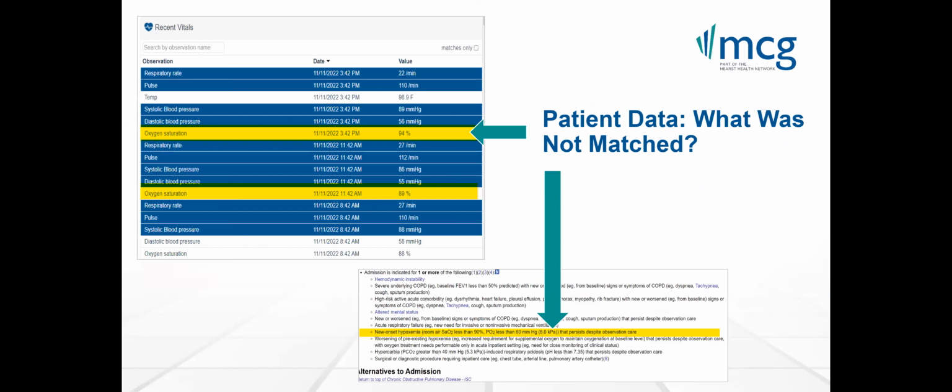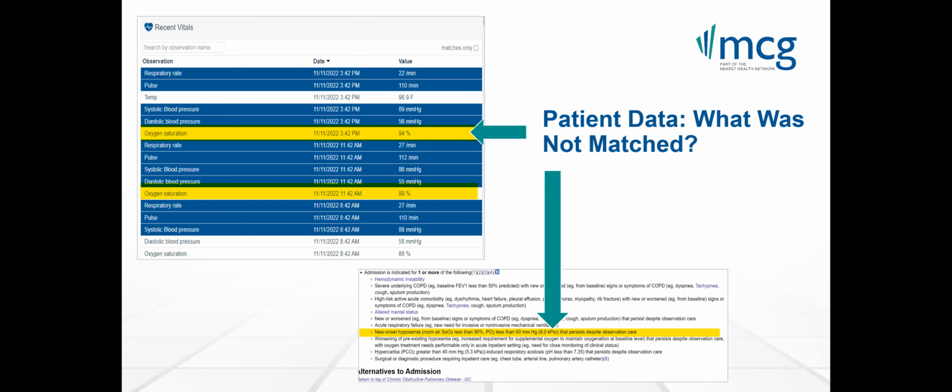What I want to call out, though, is what's more important than the data we identified. It's the data that we didn't match on. So in this screenshot, we see the patient had some O2 sats that were concerning. They're rather low, but the clinical criteria itself is very specific in the context of this chronic condition. We're not just looking for low O2 sats. We're looking for new onset hypoxemia that persists despite observation care.